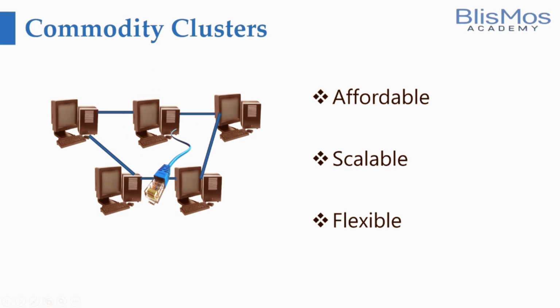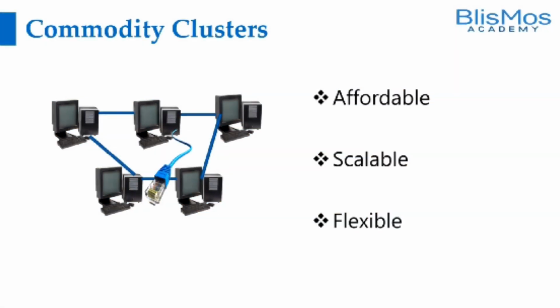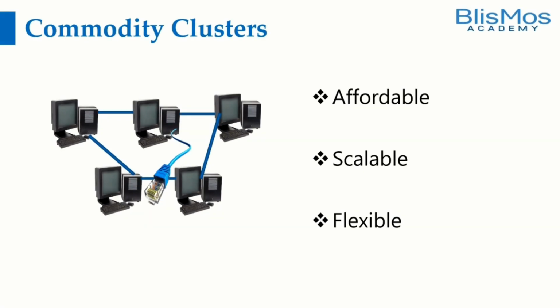We can go and buy the servers also, but buying the servers and getting the servers is not as easy as buying the computers, the desktops. And also, if something goes wrong, we can take this out and plug in one more. They're flexible also. That is the beauty of commodity cluster.